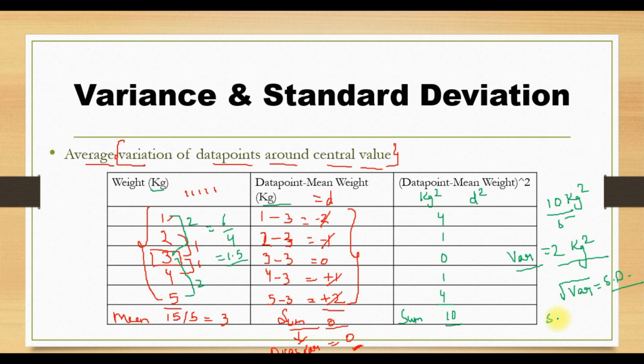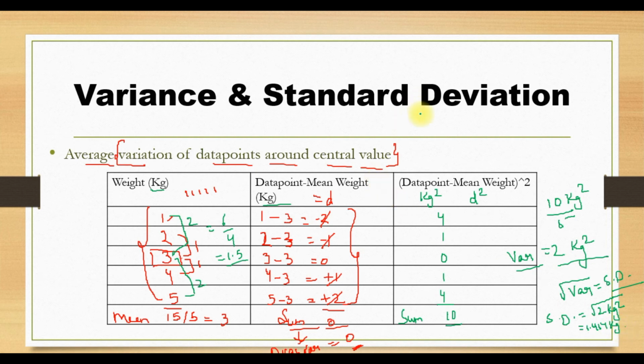So standard deviation will be the square root of 2 kg square. The square root of 2 is 1.414 and the square root of kg square becomes kg. So we are again coming back to our original unit of measurement.